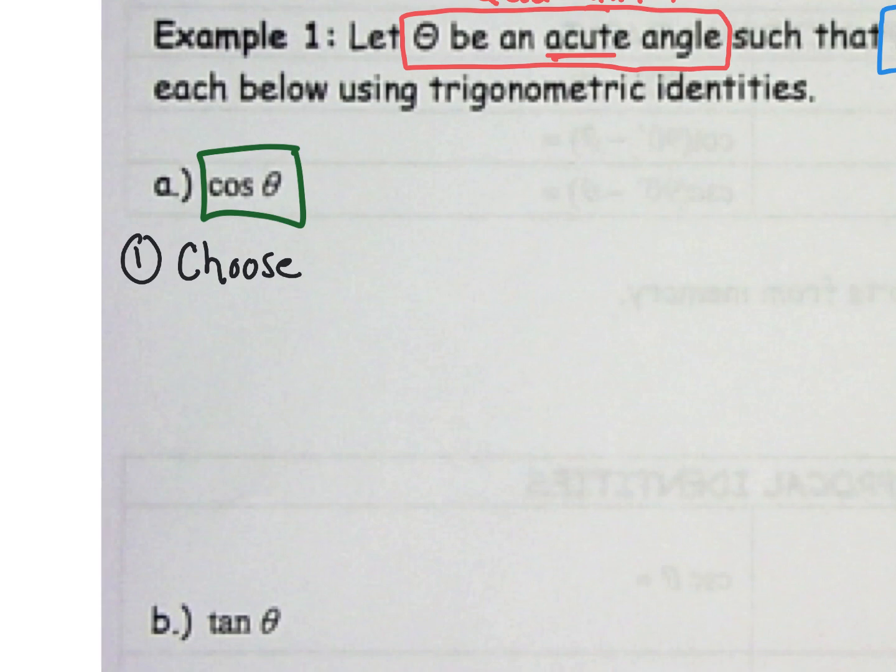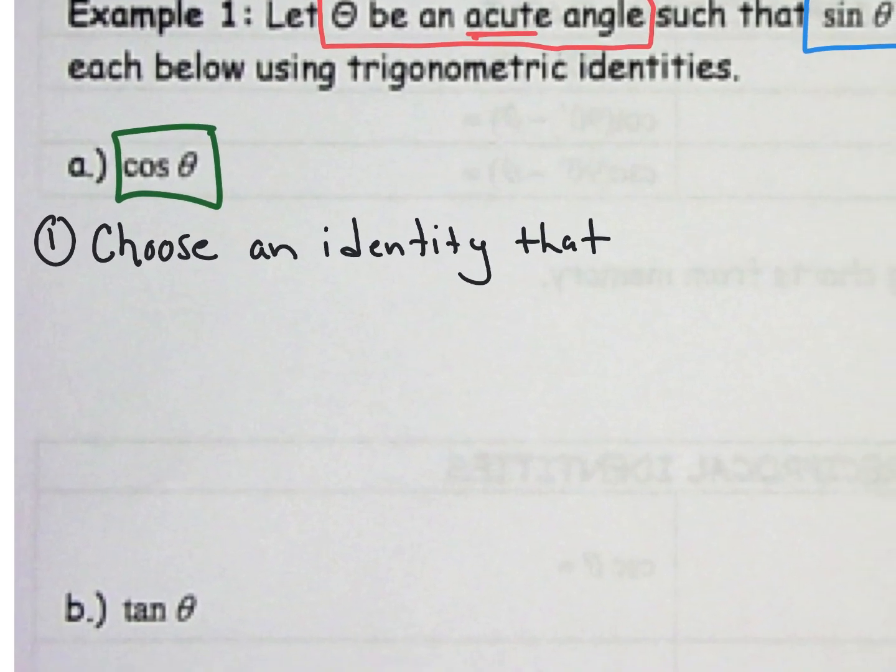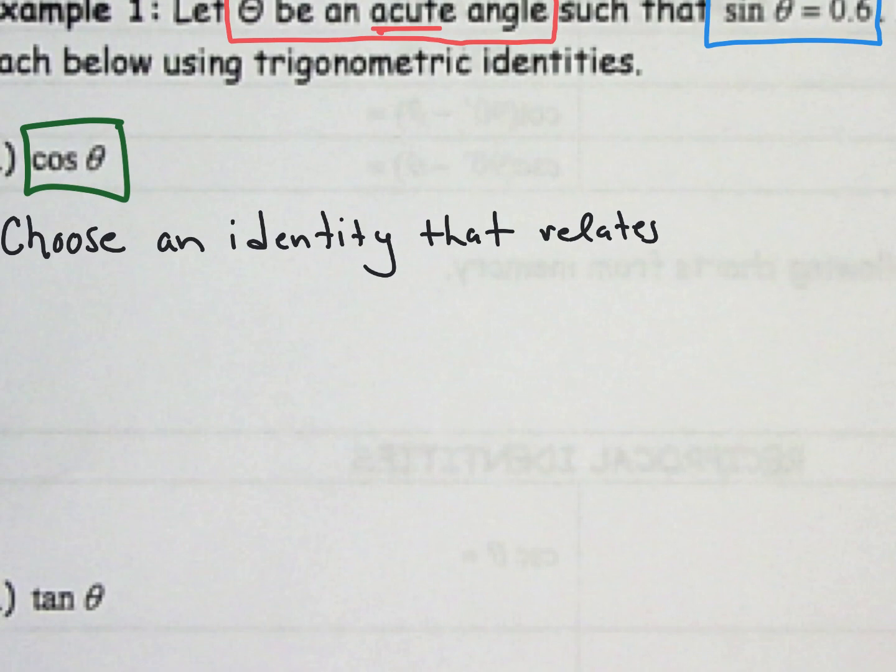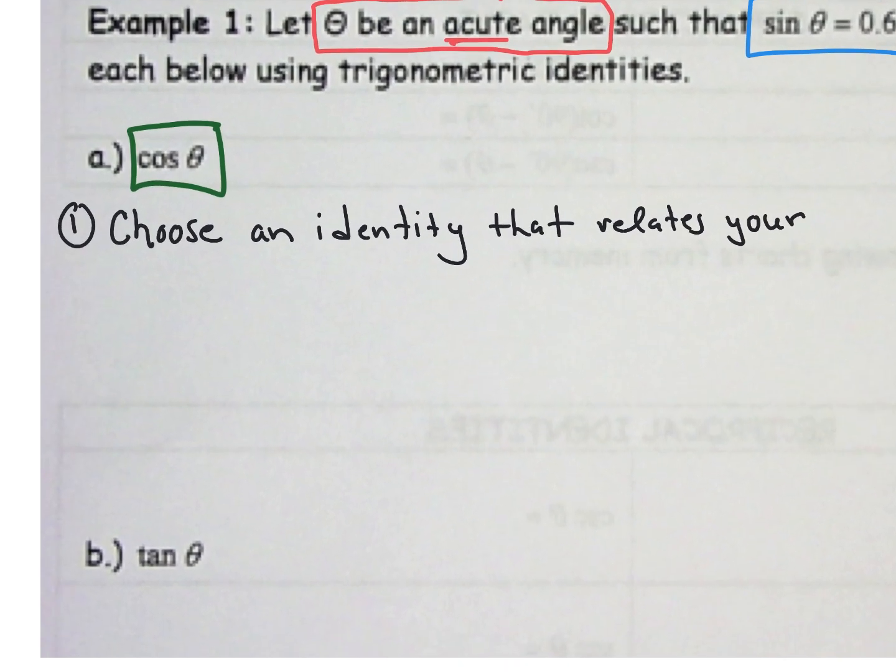Step 1 is to choose an identity, or choose a formula, that ties together two things, that relates two things. So we choose an identity that relates your given, that's the piece of information they give you in the problem, I highlighted it in blue there.